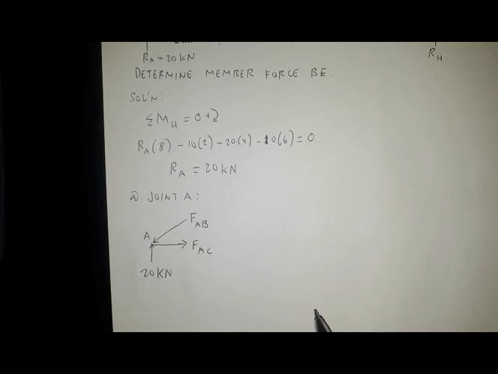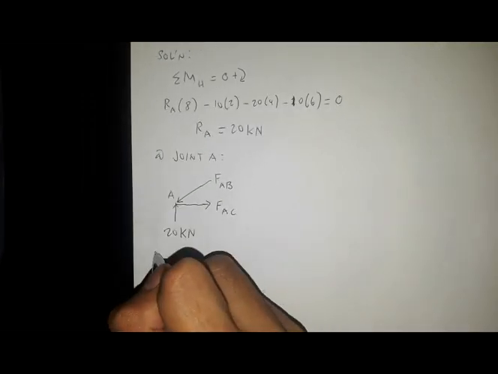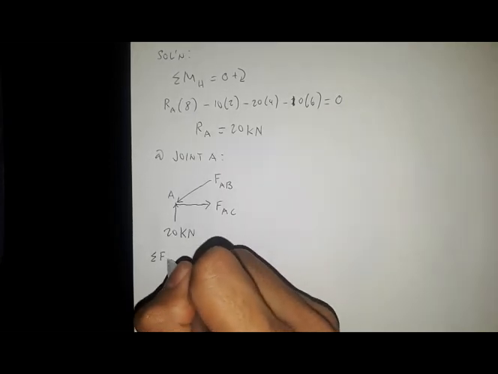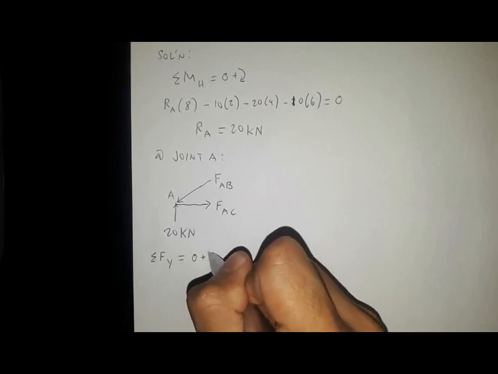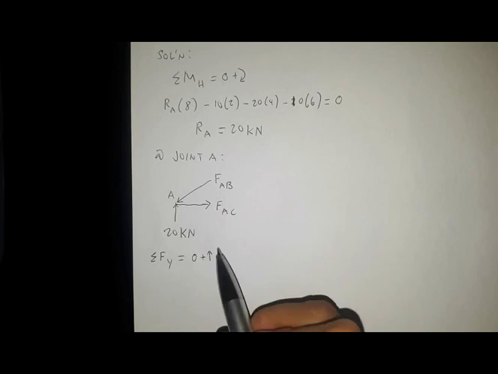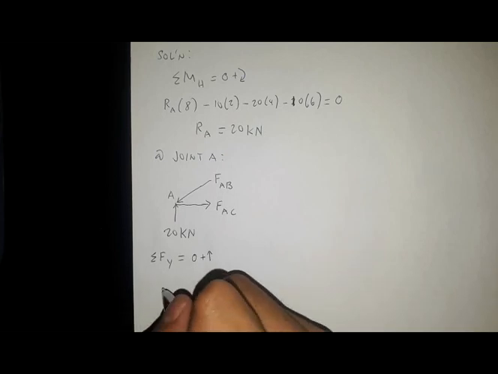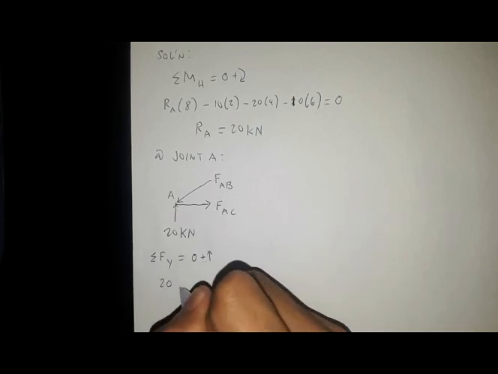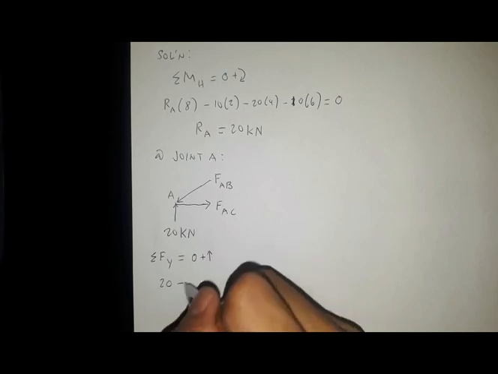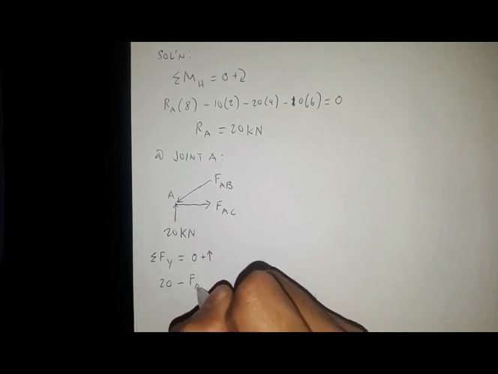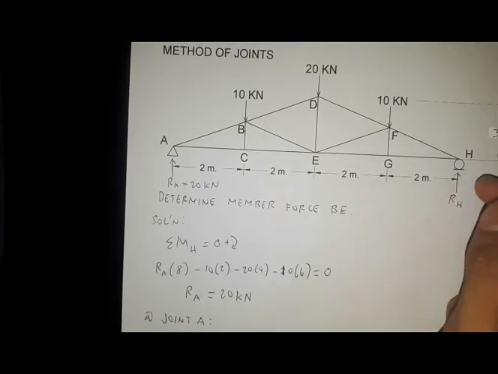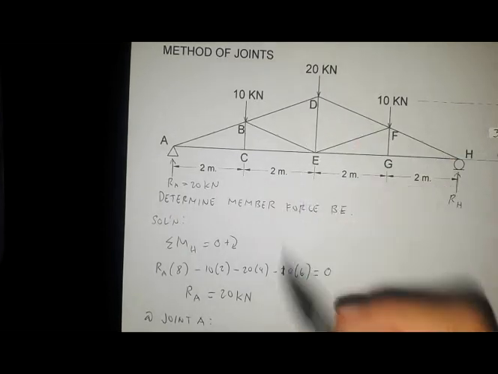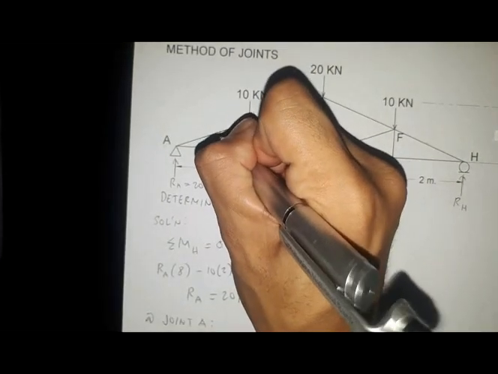Now, using the summation of forces along Y equals 0. Positive is the direction upward. So we have 20 minus the force at member AB multiplied by, so we have here a slope, so this is 3, this is 4, so we have a slope of 3, 4, 5.